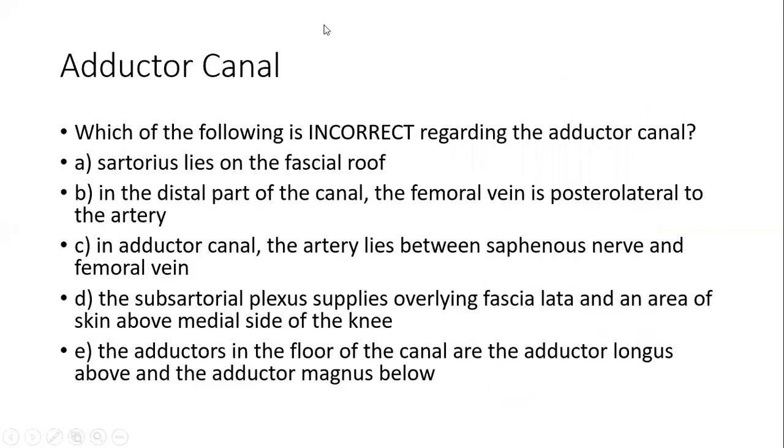Now let's see a question related to the adductor canal. Which of the following is incorrect regarding the adductor canal? Now you must remember that the university is not actually in the habit of giving such questions as incorrect or not.